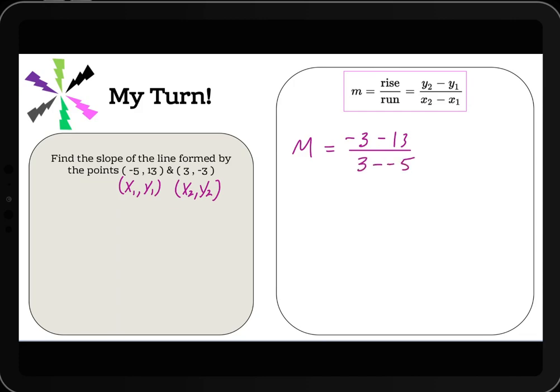Again, I write it this way. Lots of different ways to write that, but we do recognize that that's going to be, in this case, -16 divided by, remember it's minus -5, so it becomes 3 plus 5, so that's 8. And -16 divided by 8 is -2 over 1.